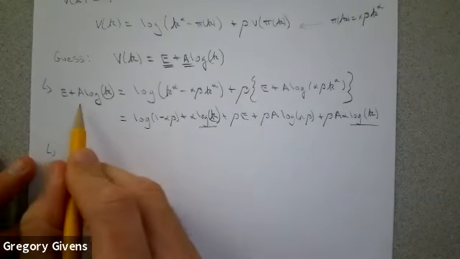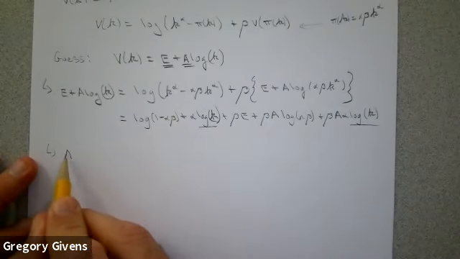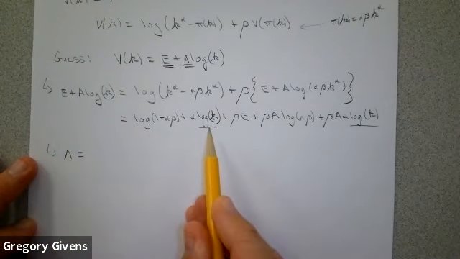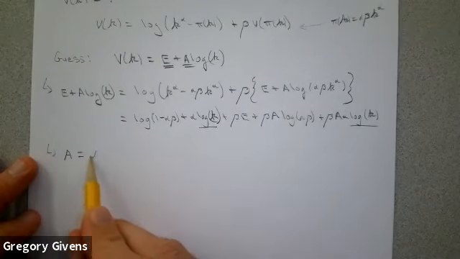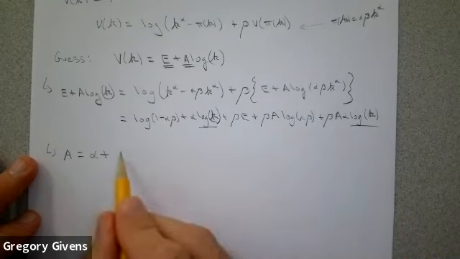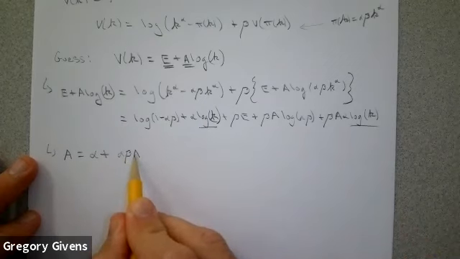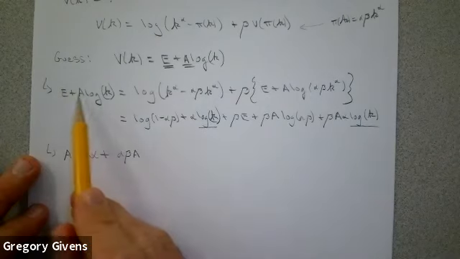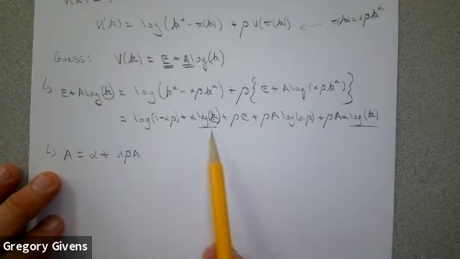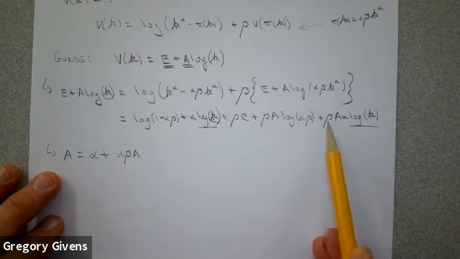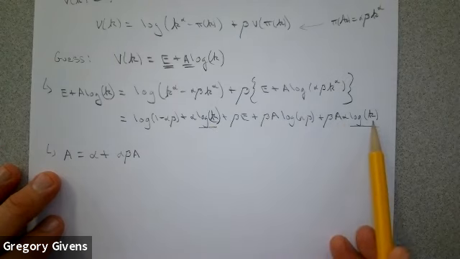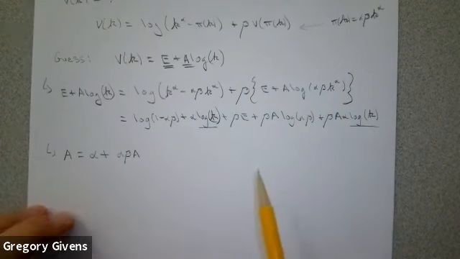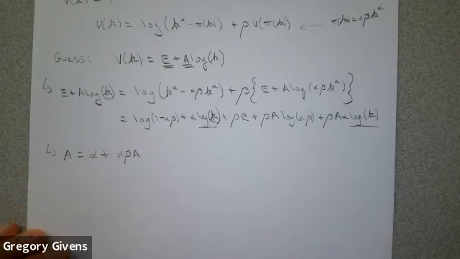If we match coefficients here, we see that the term A has to be equal to alpha plus alpha beta A. You guys follow? So this A log of k term has to be equal to alpha log k plus beta A alpha log k. Therefore, the coefficients have to be equal to one another. That's why it's sometimes referred to as a matching coefficients method.